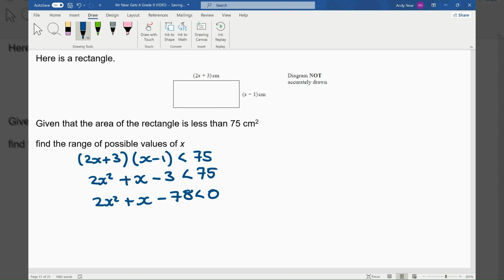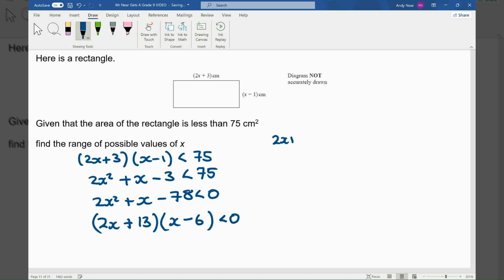Now, slightly awkward to factorize, but 6 times 13 is 78. So if you factorize this, it will factorize with 2x and x. And if we make this plus 13 and minus 6, then this would give me plus 13x, and this would give me minus 12x, which is going to leave me with the plus x that I want in here, and so less than 0. So you find your two critical values.